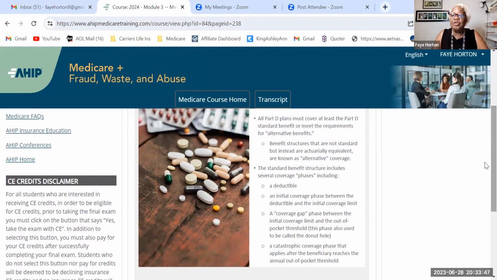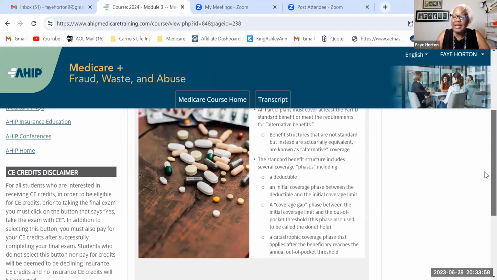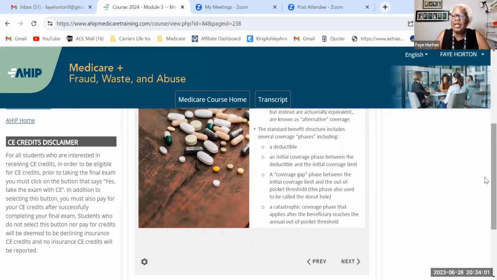The standard benefit structure includes several coverage phases, including a deductible, an initial coverage phase between the deductible and the initial coverage limit, a coverage gap phase between the initial coverage limit and the out-of-pocket threshold. This phase is also known as the donut hole. The catastrophic coverage phase applies after the beneficiary reaches the annual out-of-pocket threshold.